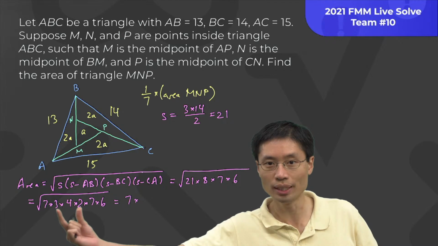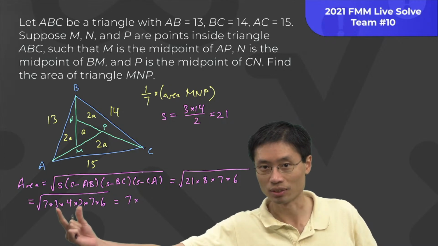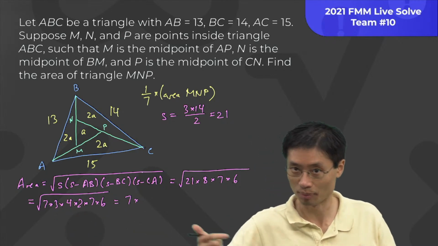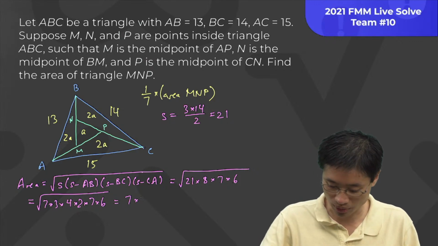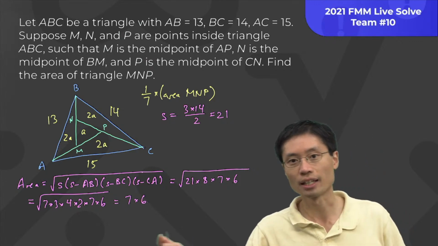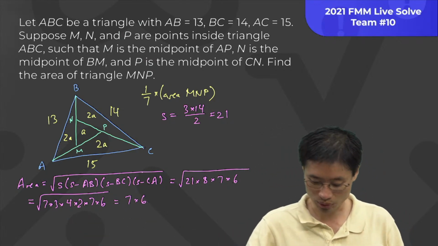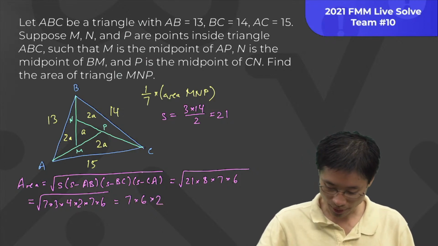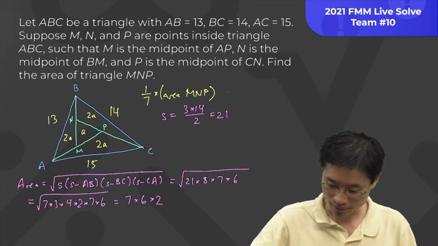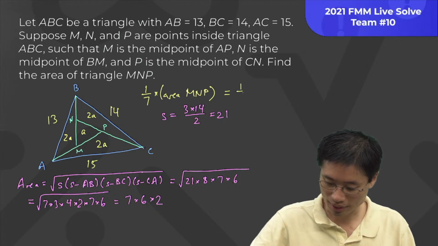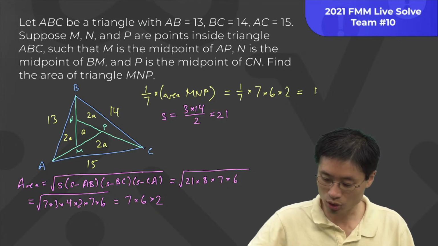Oh, I can take the 3 and the 2 and make a 6 out of that. So this 6 cancels with that 6, meaning that they combine, and when you take a square root, you just get 1 6. And then there's this 4, which is left over. Square root of 4 is 2. Terrific. So that's the area. So then the answer is 1/7 times the area, which is 7 times 6 times 2. 6 times 2 is 12.